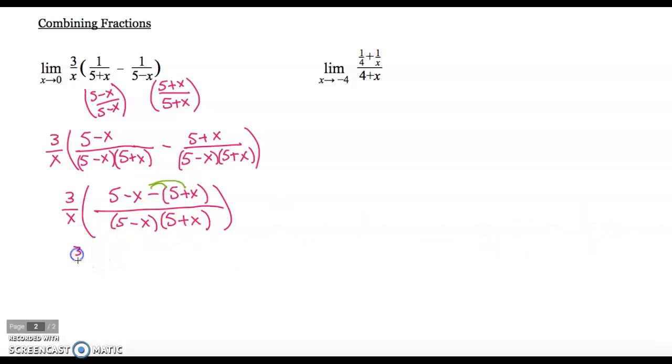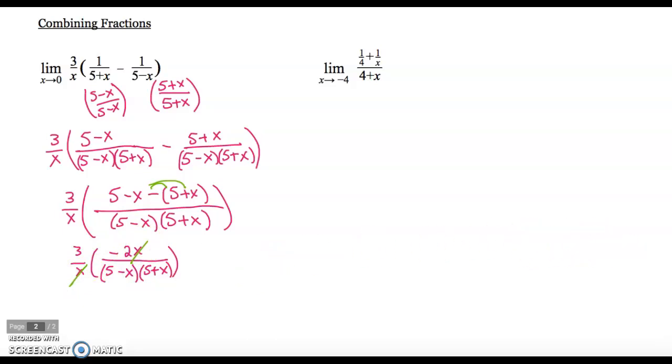And so then we'll have 3 over x times, when we have that, our 5's will end up canceling out, and then I'll have negative 2x on top. All right, and now the fun part is that I'm getting rid of my problem causer, this x in the denominator, because it cancels with that x up top.